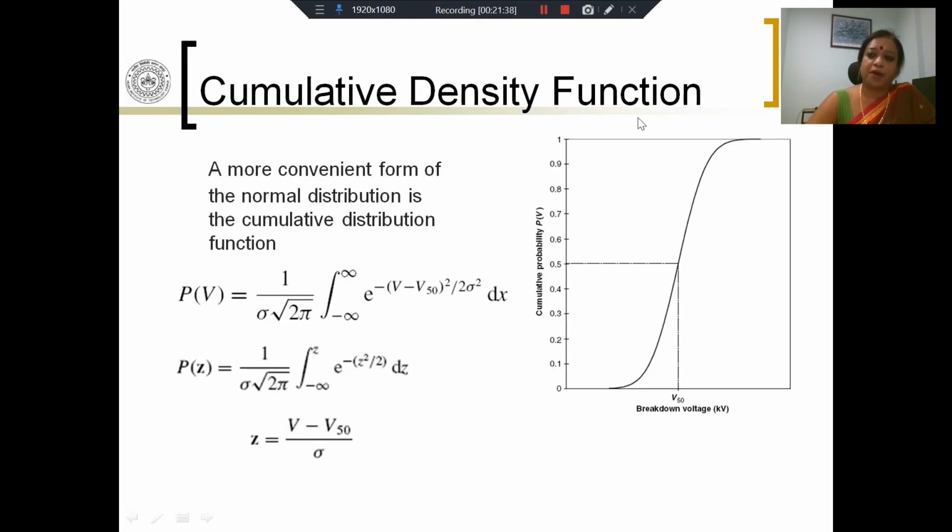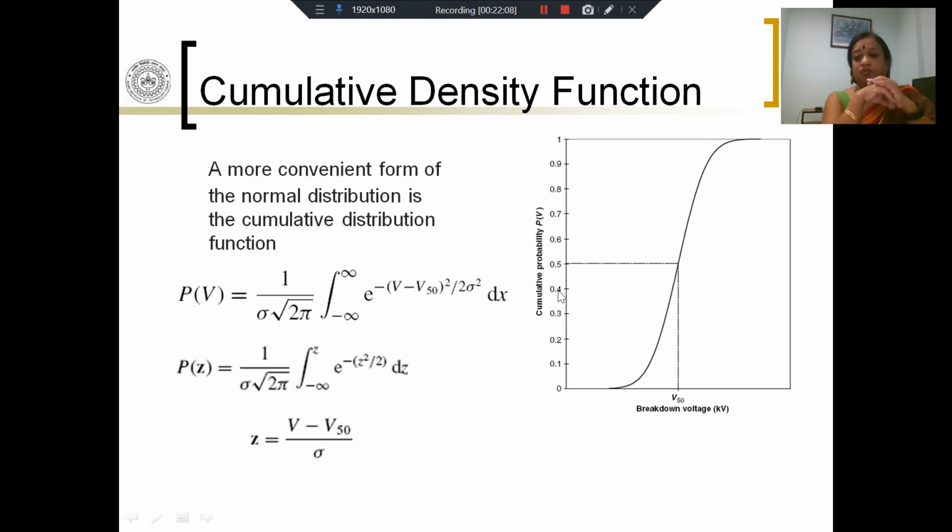Of course, if you remember, for breakdown stress, we talk about the cumulative density function rather than the probability density function. So a more convenient form for the normal distribution, or any kind of probability distribution, and here we are discussing the normal distribution, is the cumulative distribution function, which is given by capital P(V) = 1 by sigma root 2 pi integration from minus infinity to plus infinity of e to the power minus ((V minus V50) by sigma) whole square by 2 sigma square.